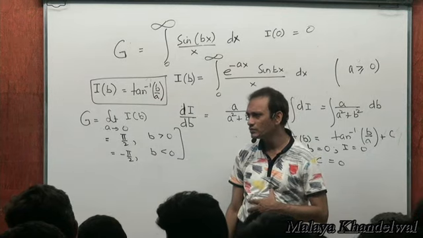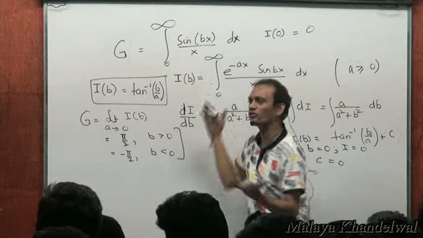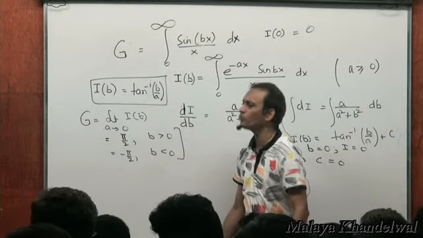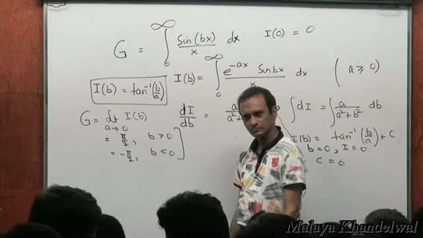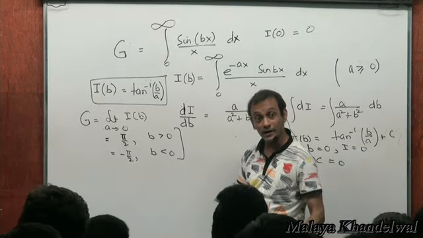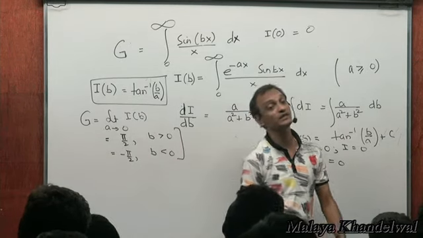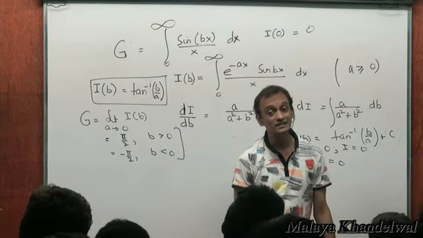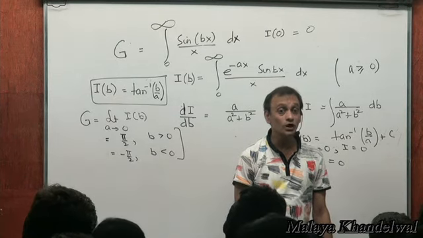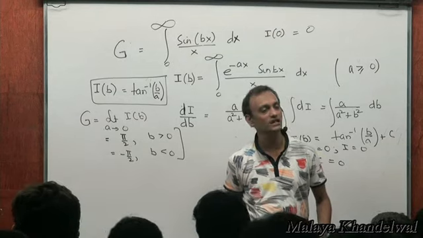If you took the mod of this, then it will always be pi by 2. Mod G will always be pi by 2. Right? So again, for the sake of my class, integral 0 to infinity sin bx by x dx, known as pi by 2 or minus pi by 2, is to be looked upon as a standard result.